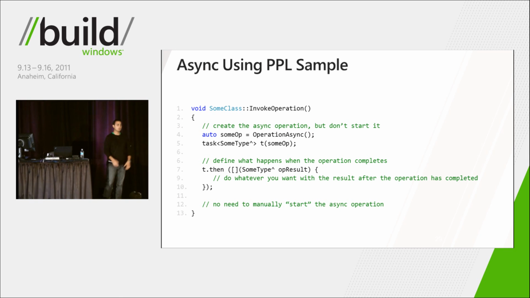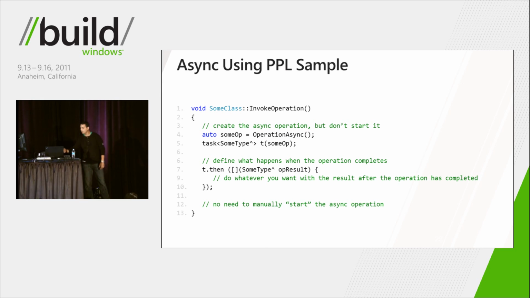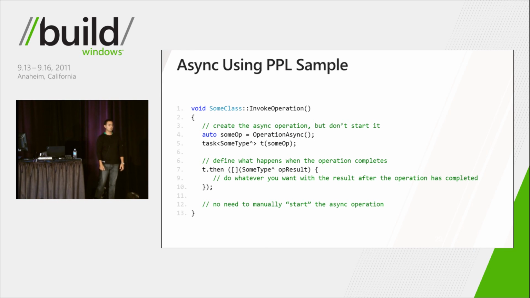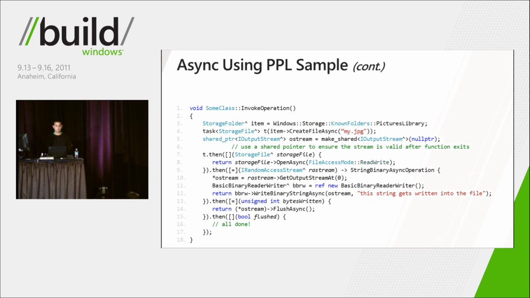There's a hot start, so whenever, at line 5, when you created the task, it started the operation for you. It saved the result if it has actually completed before you did the continuation, and then the continuation is going to have the result. So you don't actually need to go explicitly call it. So with that, the more complex example that I showed you now looks something more manageable like that. Continuation after continuation after continuation.